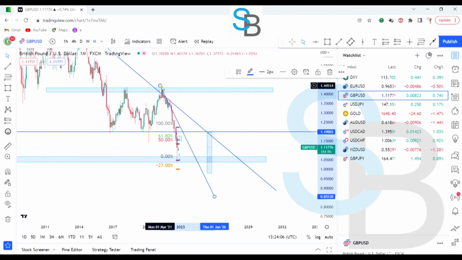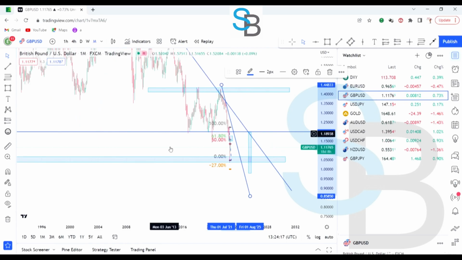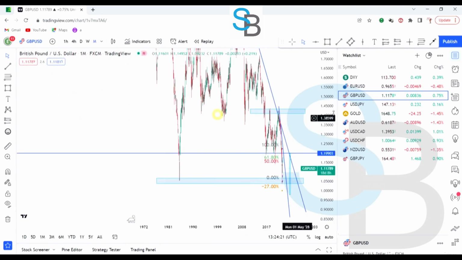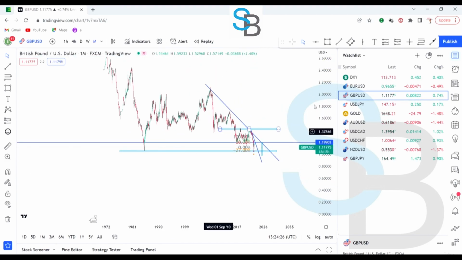Okay, maybe something like this. It might retrace to the minor trend line and then keep going down and probably retrace to the major one and then come and hit this level. It all depends on what the market does, but whenever I get a sell signal, I will be ready to sell the market. So that will be how this strategy will play out on a normal day.